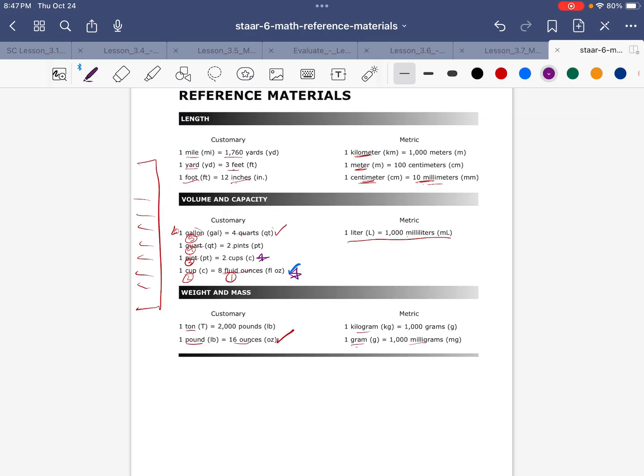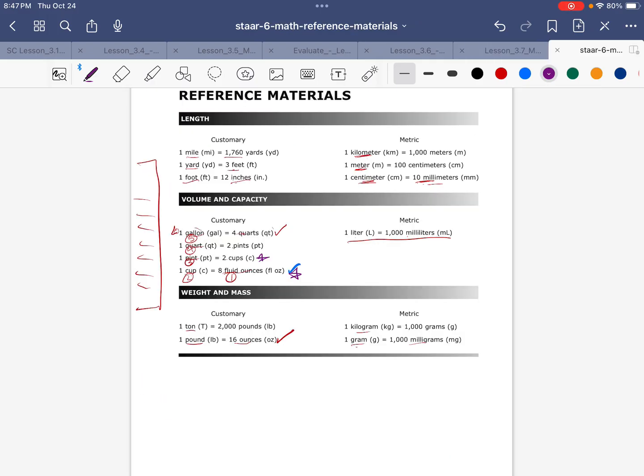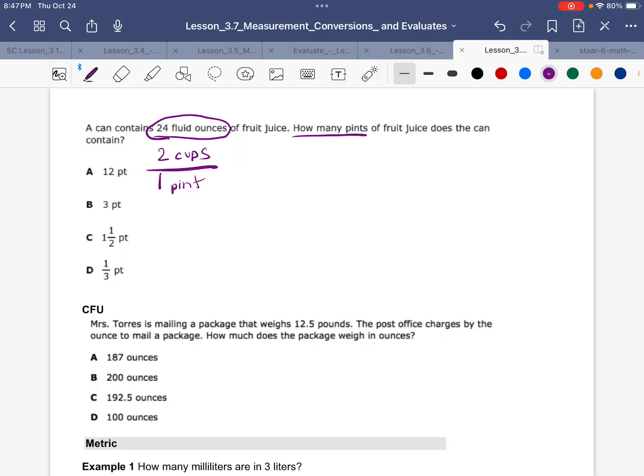Let me do one at a time. Yeah, 1 pint is 2 cups. All right, and our other conversion we need is 8 ounces to 1 cup.